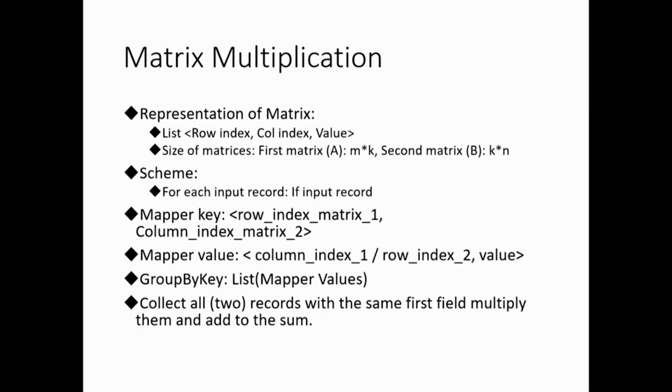All of them go to the same record, so you will have a record with the entries of a particular row of the first matrix and the entries of the corresponding column of the second matrix, and they go together.